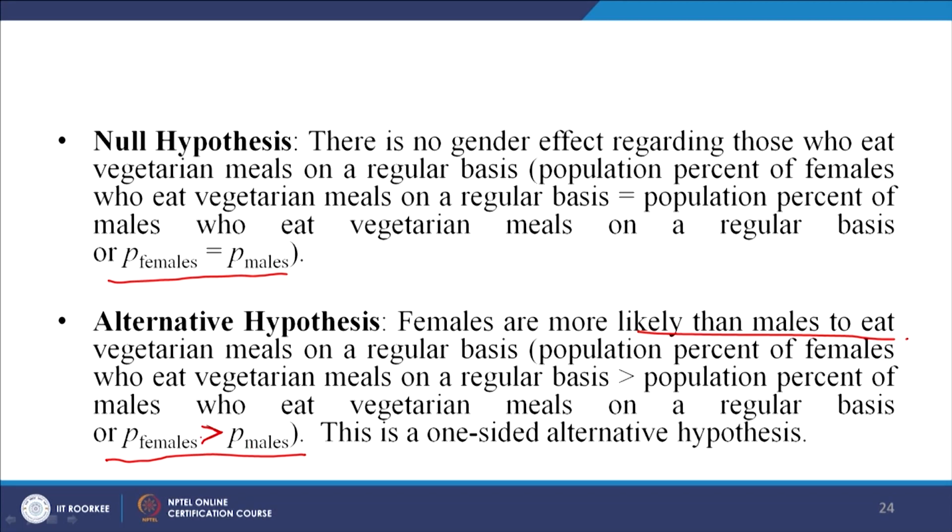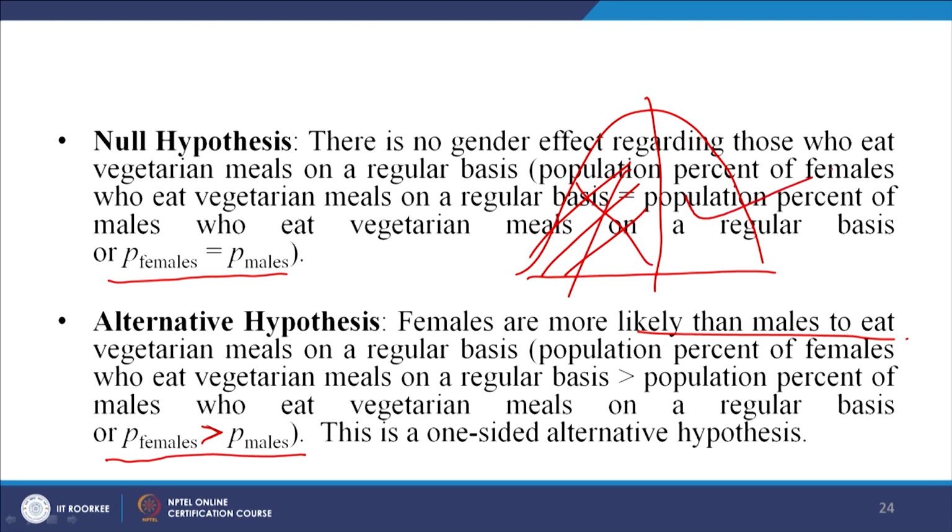If I do it in terms of the distribution, I am not interested in this side, I am not interested in this side, I am only interested in whether it is greater or not, right. So, this is the condition of a one-sided alternative, or one-tailed test.